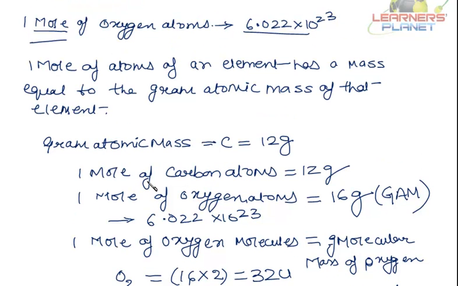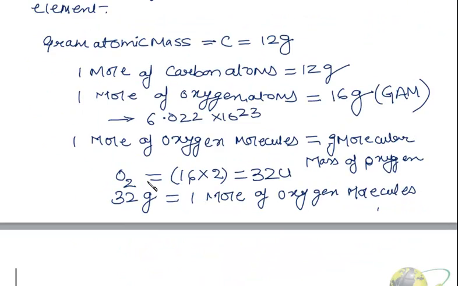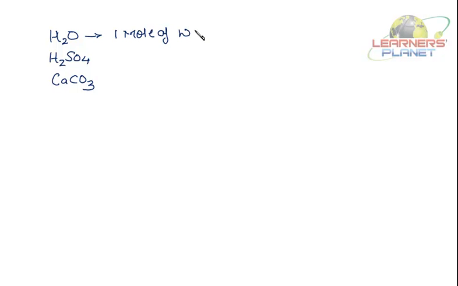So this is the mole concept, and mole is the link between the atomic mass or the molecular mass and the number of particles in it. Fine. Now the molecular formula of a substance represents 1 mole of molecules of that substance. What does it mean? Say if I am writing the molecular formula of water. Now what does this represent? It represents 1 mole of water.